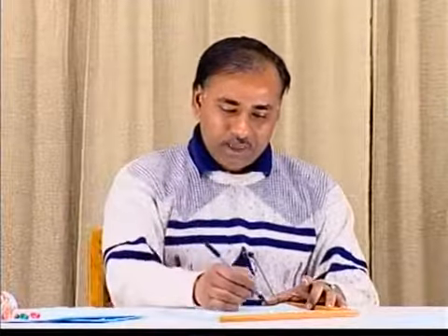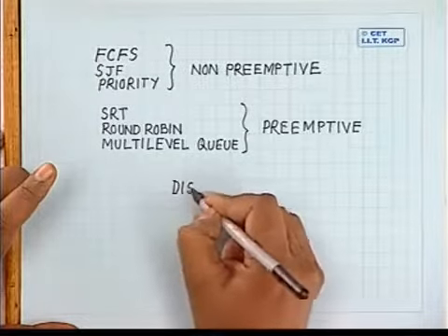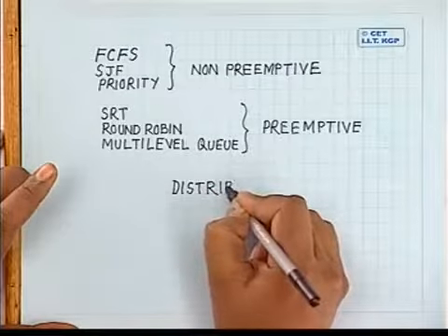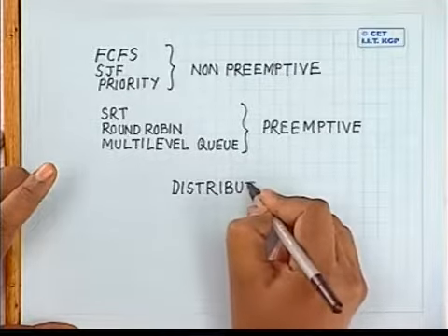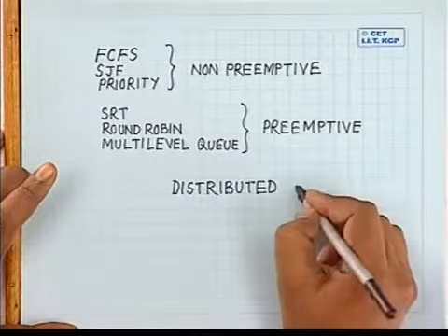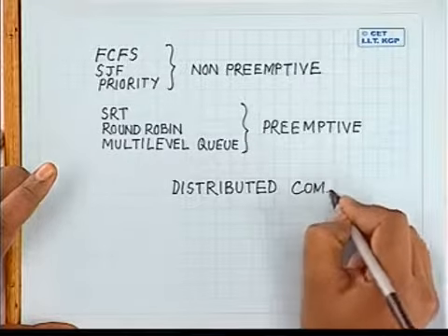So today's operating system must consider that distributed computing nature. In the distributed environment, I have a number of computers connected over a network. In our case, we will assume that it is a local area network. So this is distributed computing.